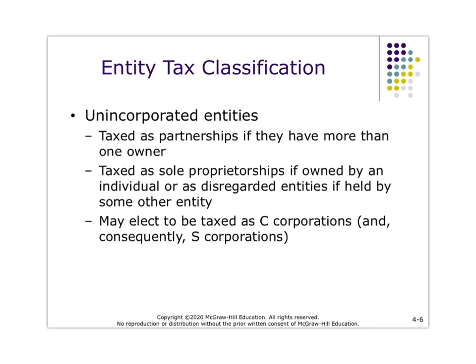If a corporation owns an unincorporated entity and is the only holder of that entity, then it's treated as a disregarded entity. So essentially the income and expenses of that unincorporated entity are just reflected on the corporation's income tax return.